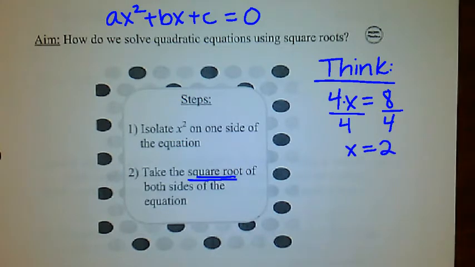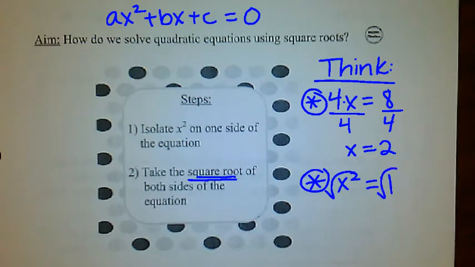Similarly, if I have x squared equals 1, I can take the square root, and that's how I solve for this. I'll further explain this in the next part.